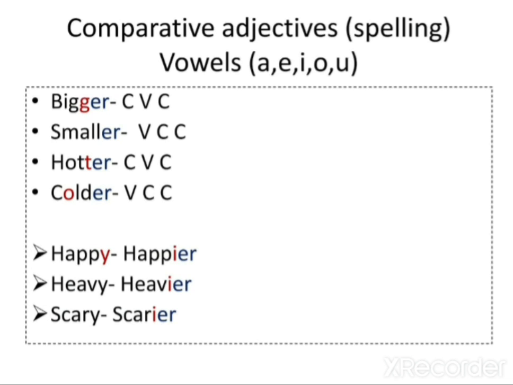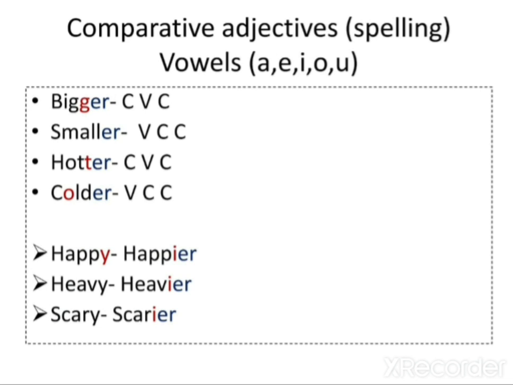Let's look at another example. We have here the word hot. So right now I am feeling very hot. I am feeling hotter than my sister. So what I can say is, if I look at these three letters, we have H, which is a consonant. We have O, which is a vowel. And we have T, which is a consonant.